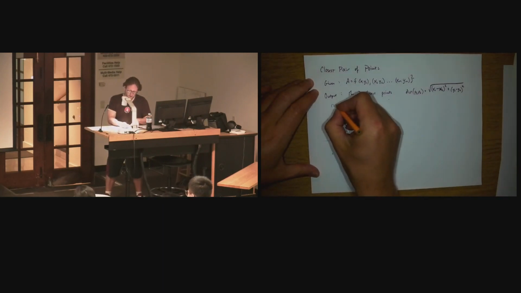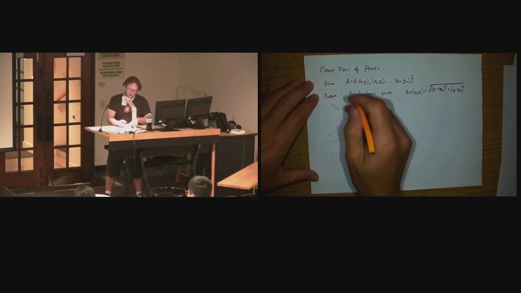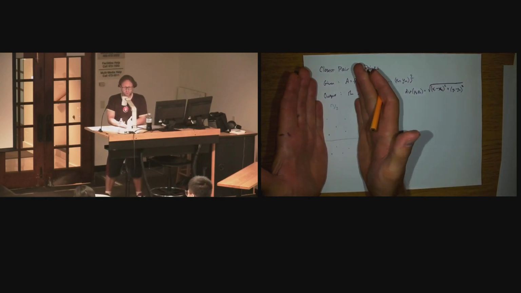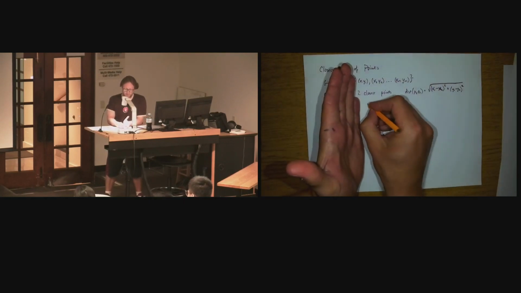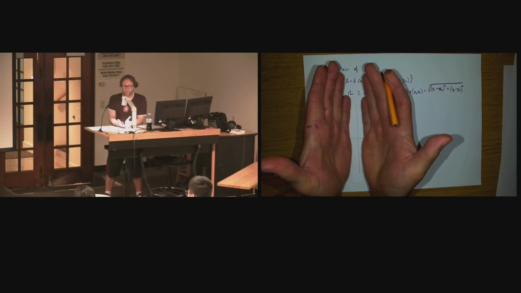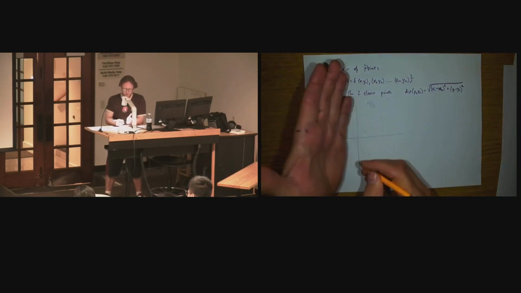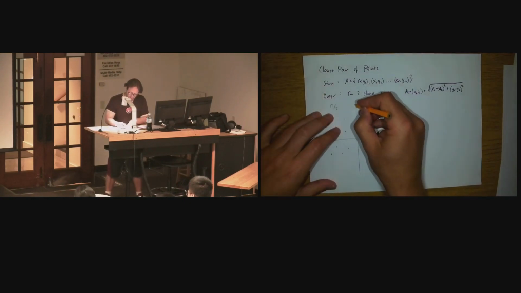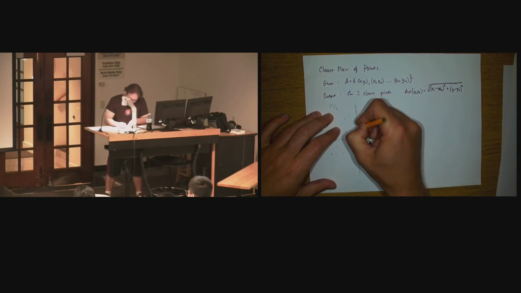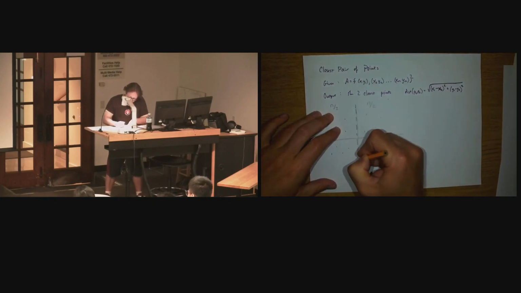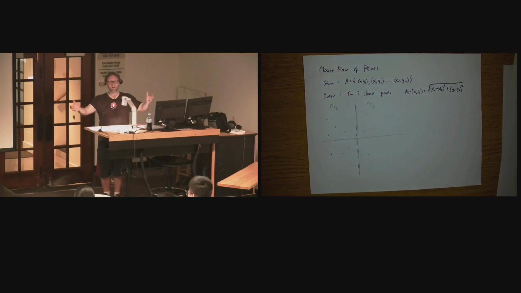In other words, there are n given points. Let's say that there are n divided by 2 points over here and n divided by 2 points over here. This is not necessarily the y-axis. I'm just cutting it in half, basically. If I gave you a bunch of points in the Euclidean plane, find me a value such that half the points are over here and the other half are over here.